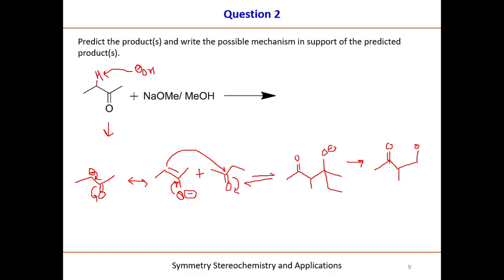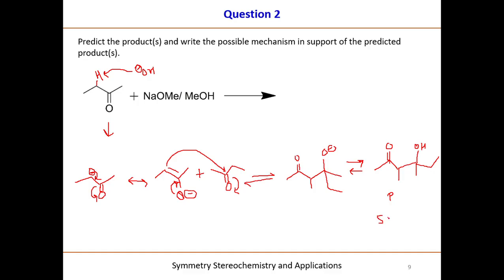OH, this way. This is the product in this reaction. Clear? I hope you understood the mechanism also. But the yield is only 50% for this type of reaction.